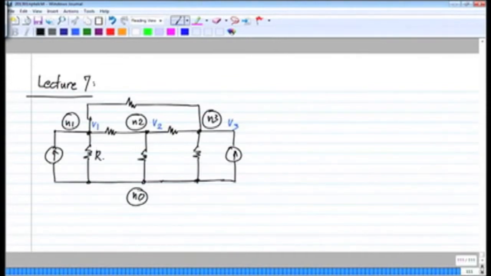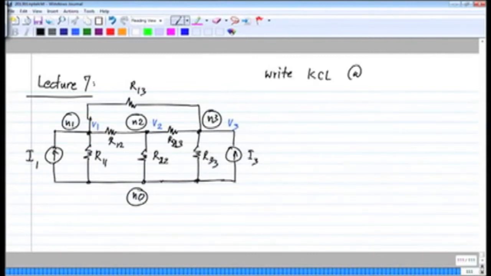And let me call this R11, R22, R33, R12, R23 and R13. This is I1 and this is I3. Now in this case, what I first do is write KCL at nodes N1, N2 and N3.